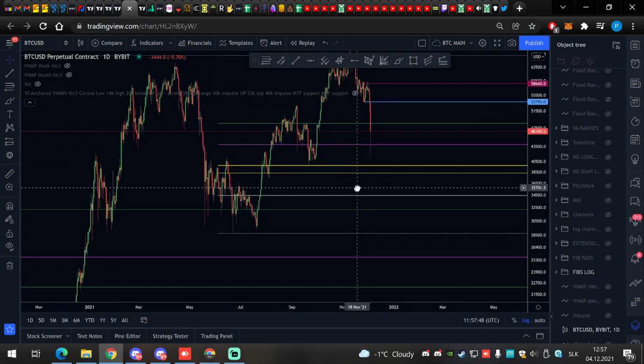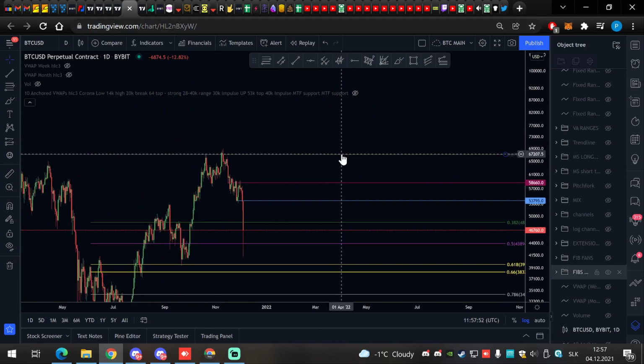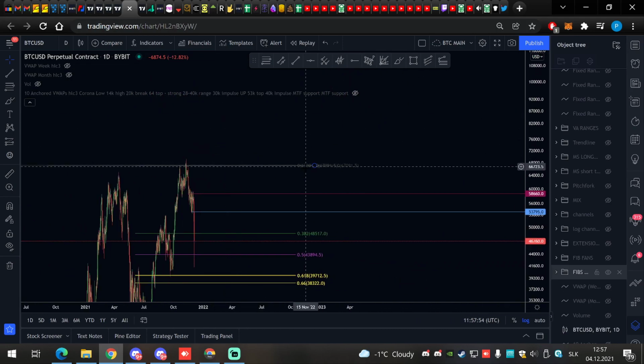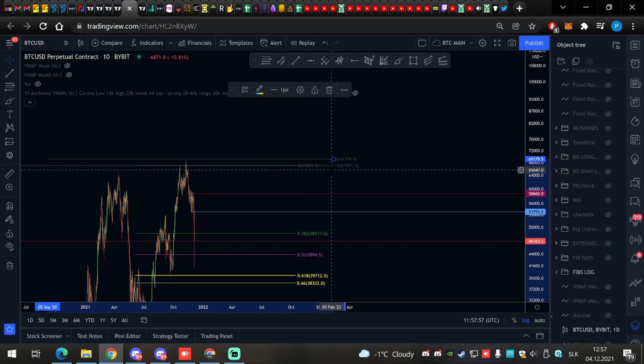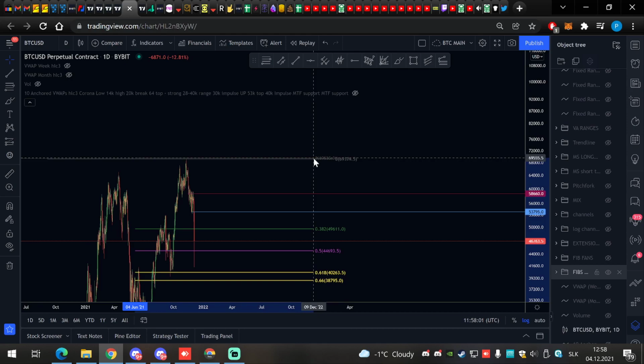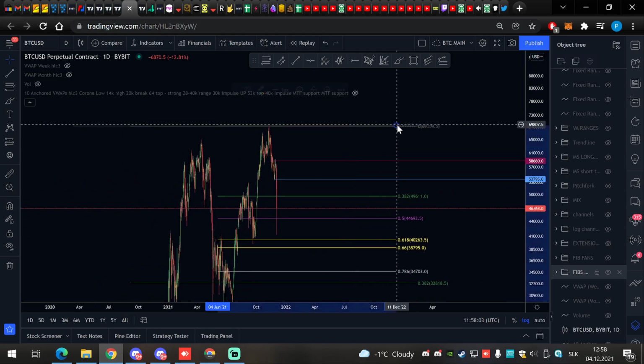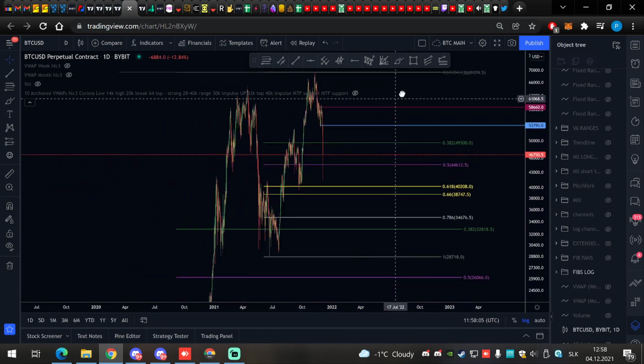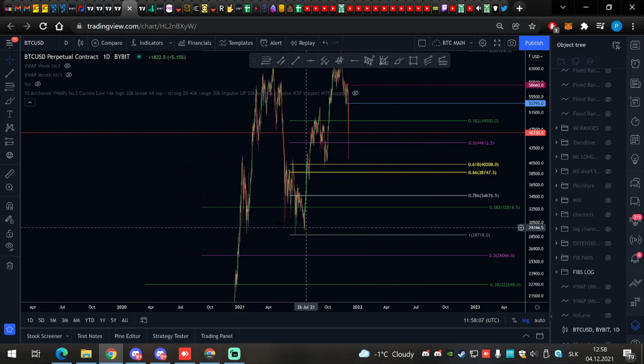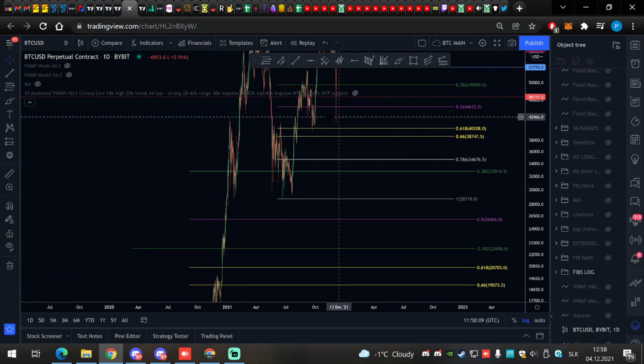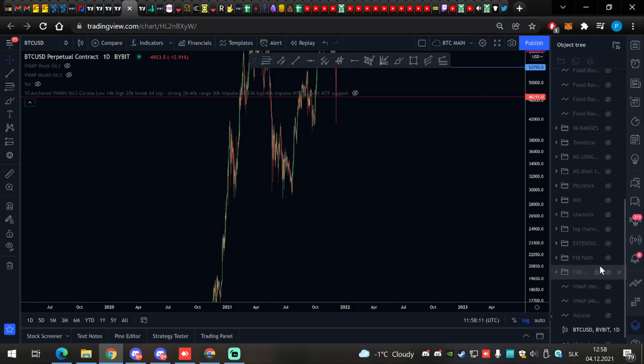Log fibs. Needs to be adjusted. Oh, golden zone front run.